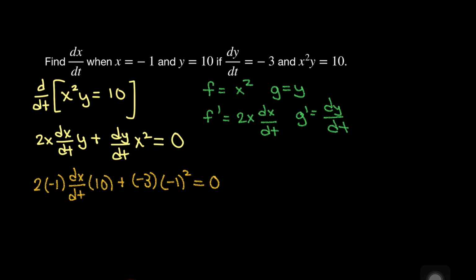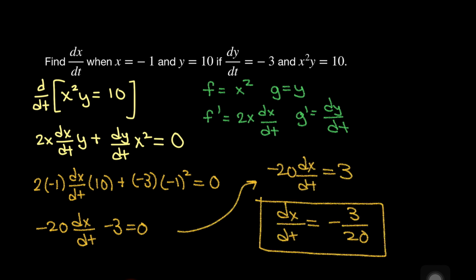I've got 2 times -1 times 10, that's -20 dx/dt, plus -3 times (-1) squared, which is -3, and that equals 0. So add 3 to both sides, divide by -20, and my final answer is dx/dt equals -3/20.